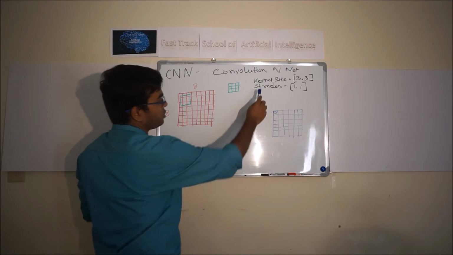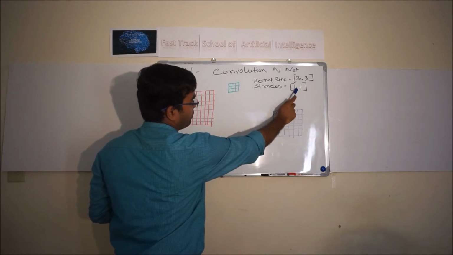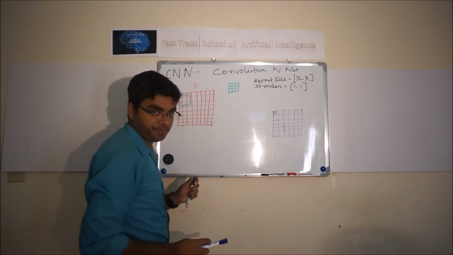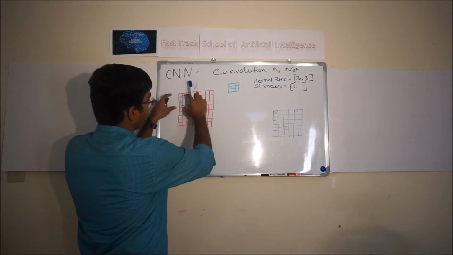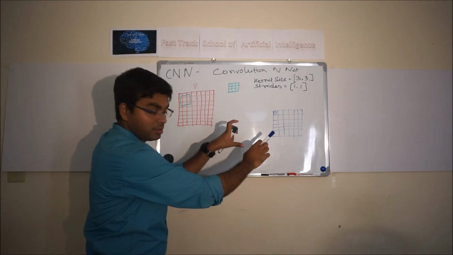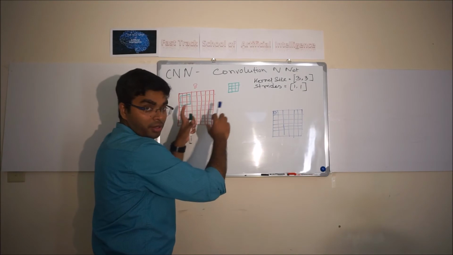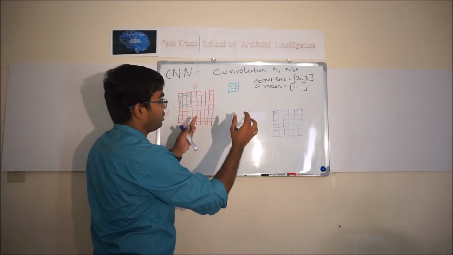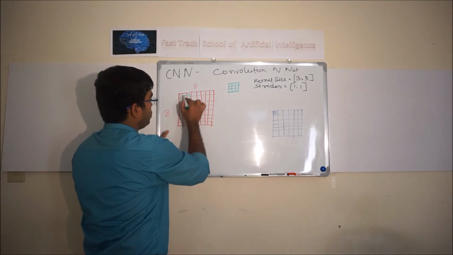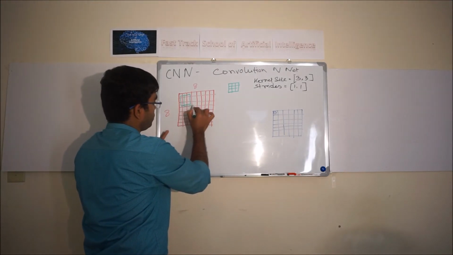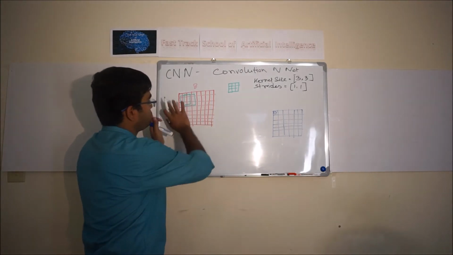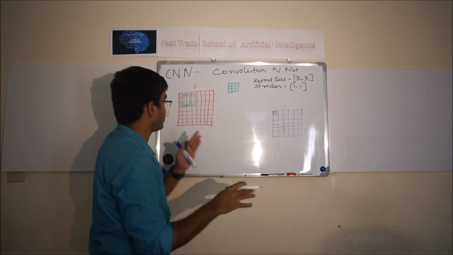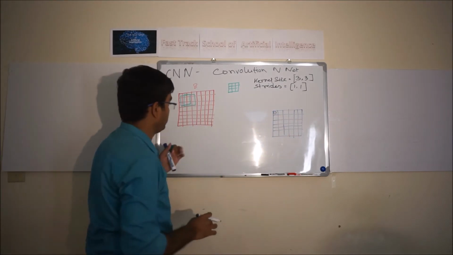Now, on the basis of this strides value, that means 1 row, 1 column, the filter will be shifted toward the right by 1 pixel. So the next patch would be this. It is shifting right by 1 pixel, but it is not going down yet.